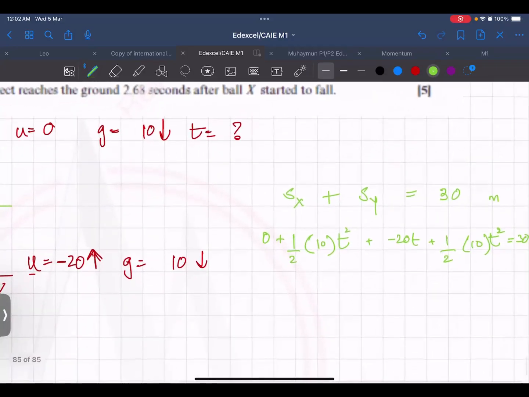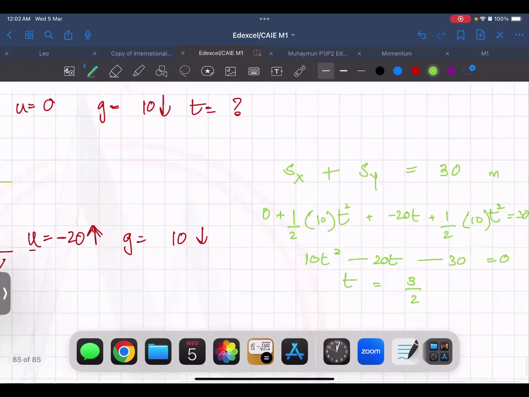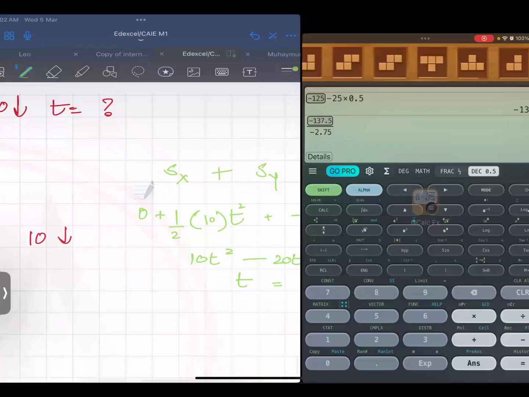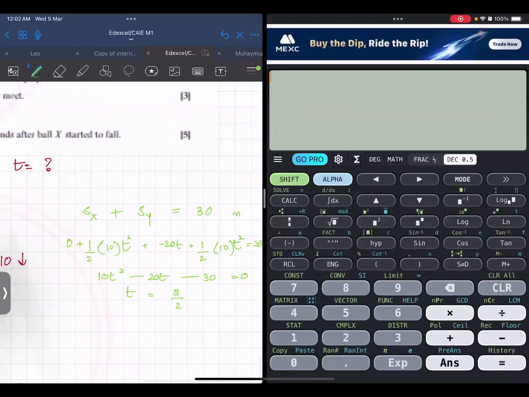So this would become 10T square minus 20T minus 30 is equal to 0. And when you solve this, your T would come out to be 3/2. I think one of the solutions was 3/2. So they collide when the time is 3/2.